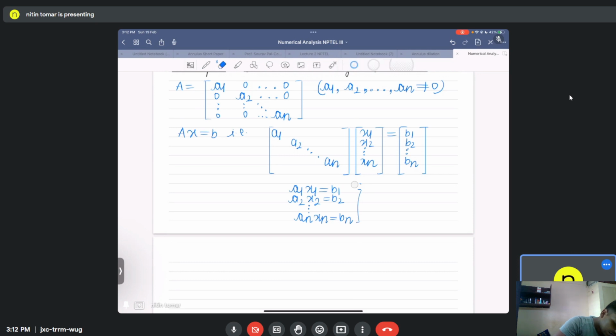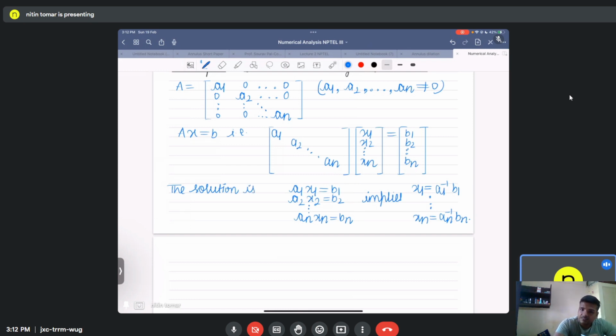So all this implies x1 is a1 inverse b1 and so on and so forth. xn is an inverse bn, correct? And you can take the inverse. Why? Because all these are non-zero. So what we are doing, we are trying to see how we can solve the system more easily. In the last class, we saw that Gauss elimination and modified Gauss elimination is one of them, correct?